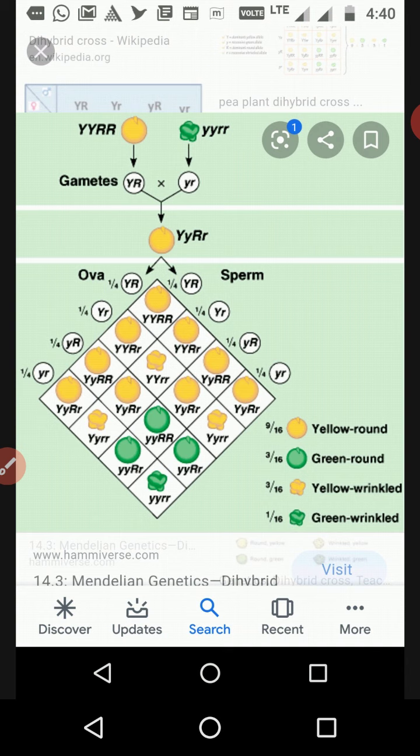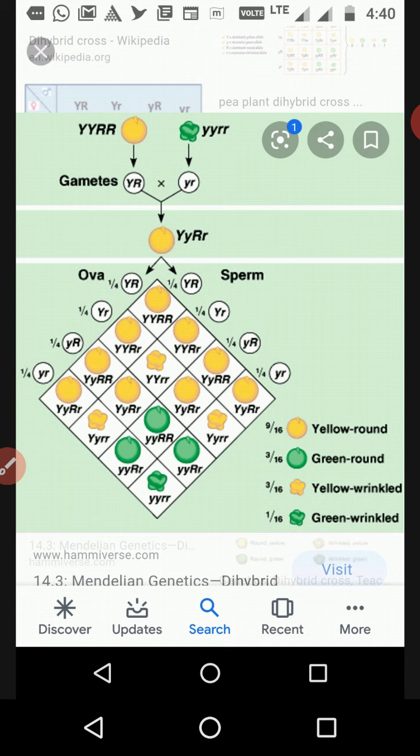Here, with the pencil, I am going to show that in place of sperm, it is called pollen grains, and for pollen grains again there will be four conditions: capital Y, capital R, that is round and yellow color. Another character is capital Y, small r. Another character is small y, capital R, and the fourth condition is small y, small r.